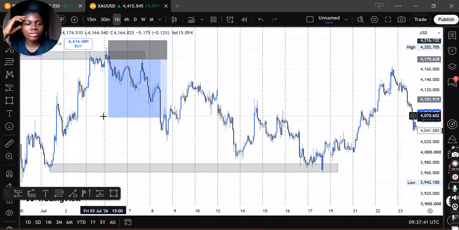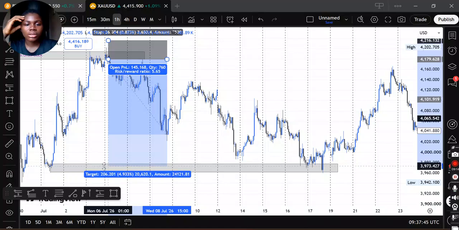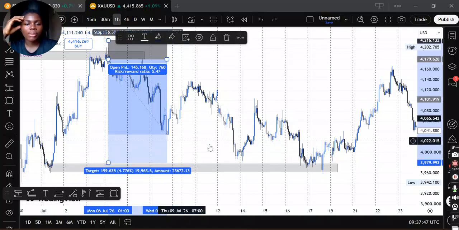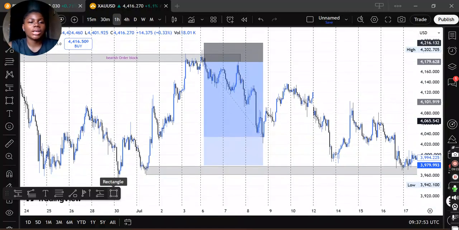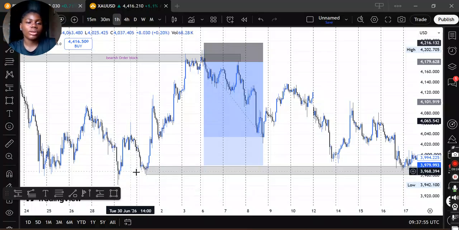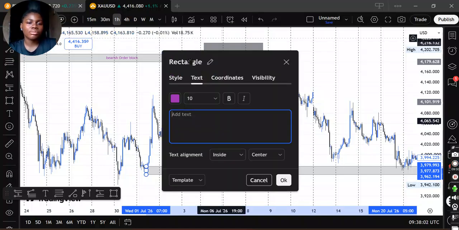Which is, you can see it from this point, and it happened. So that's just literally it. There's not so much to it. We already marked this as the bearish order block. This will be your bullish order block, because once price gets down to that block, price immediately becomes bullish, right?